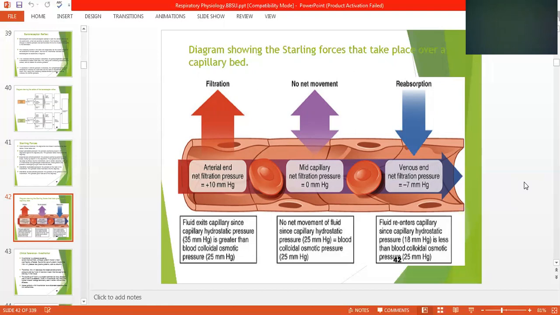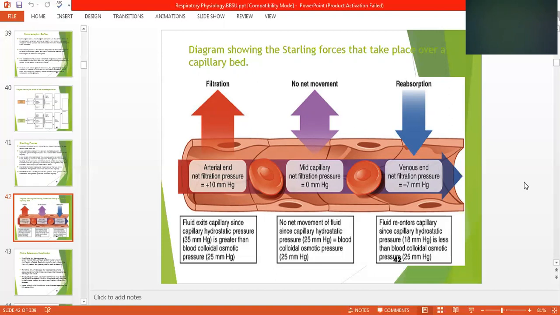Fluid exits the capillaries since capillary hydrostatic pressure is greater than blood colloidal osmotic pressure. In mid capillary, there is no net movement of fluid since capillary hydrostatic pressure of 25 mmHg is equivalent to blood colloidal osmotic pressure, meaning both side pressures are equal. So fluid doesn't move from the tissues to the capillary or from the capillary to the tissues.